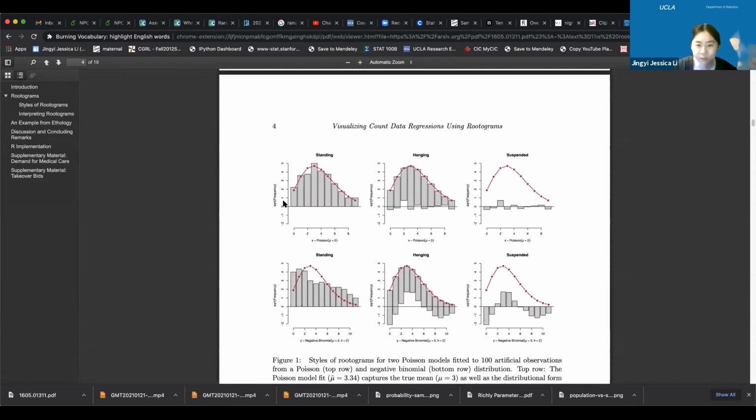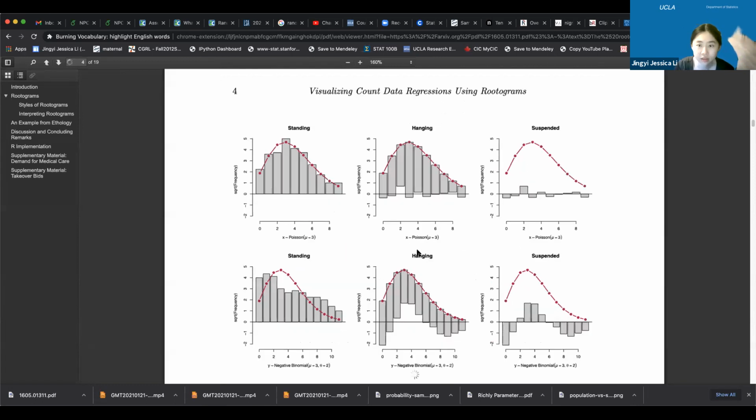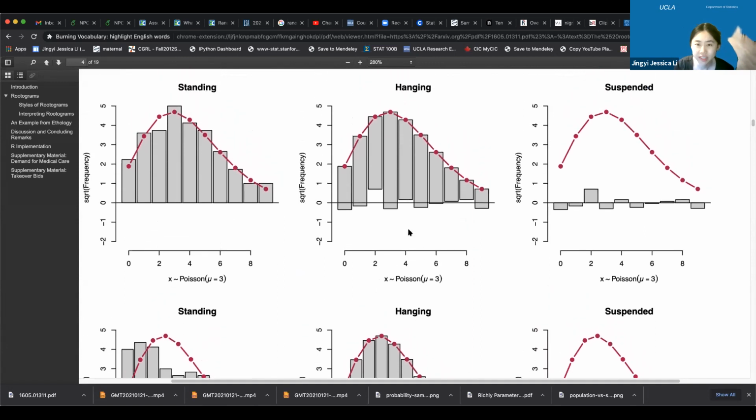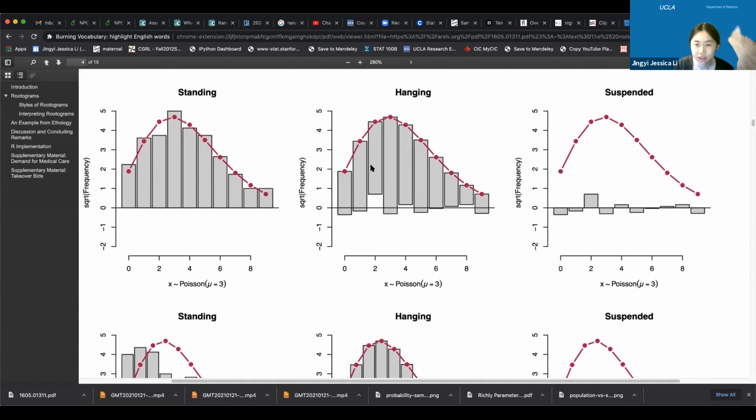So for example, this shows that the data is generated from Poisson, maybe I can enlarge this. Data is generated from Poisson, and you fit the data using Poisson. There are three types of it, but let's focus on this. This is the same as what we have seen before. You are doing the hanging rootogram. So the top are connected and the bottom are hanging.